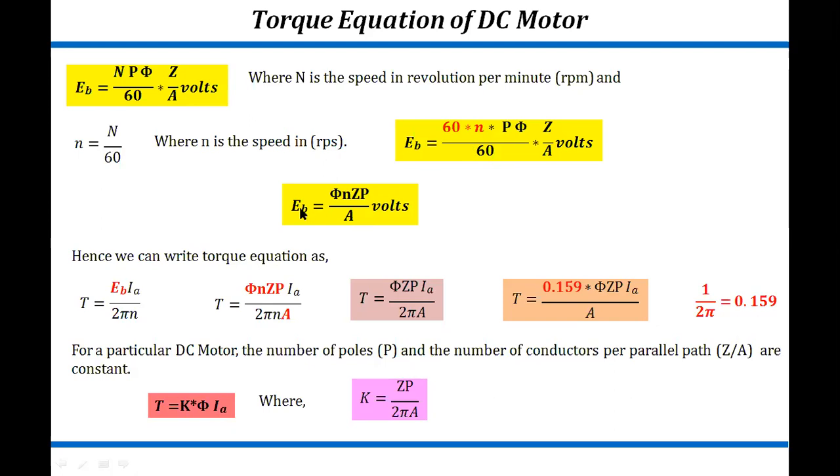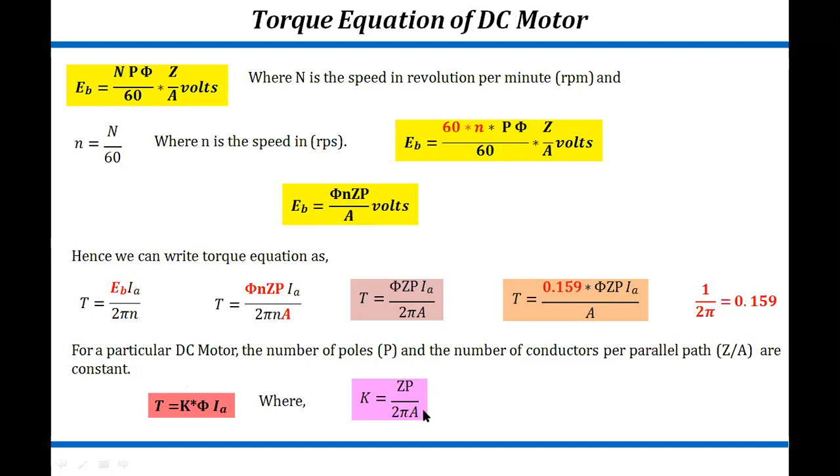Again, we can write these equations in the form of one constant term. We can consider that as a constant term because we know Z and the poles, and A will be constant.